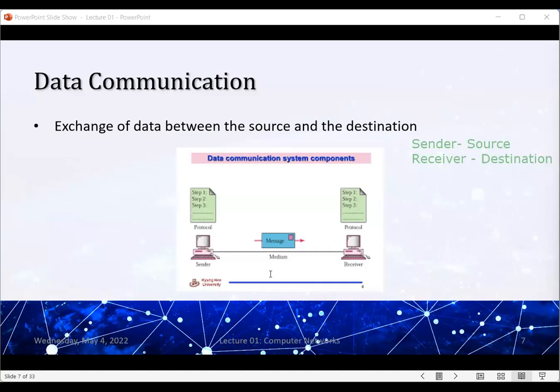So you should think, let's say you want to find the medium. Let's say I'm posting a mail via the registered post to my friend. So I am the sender and my friend is the receiver. When the letter is delivered, it may be handed over one by one, or it may be delivered through the train.